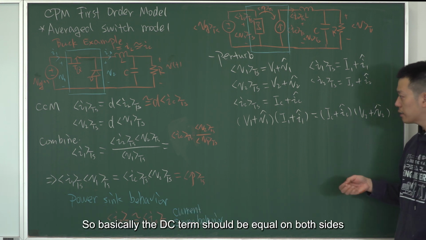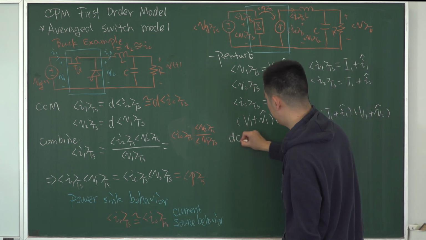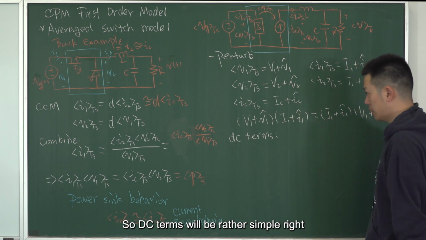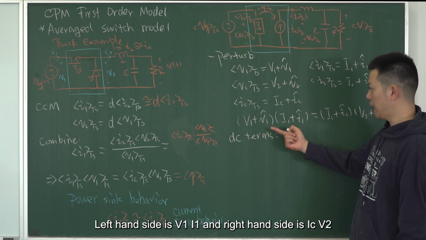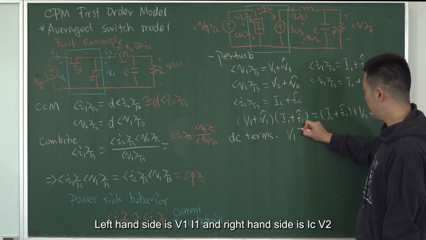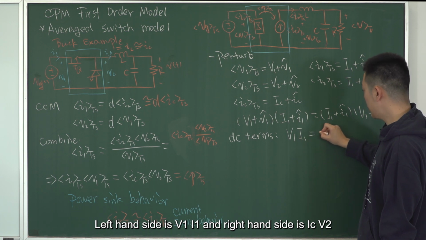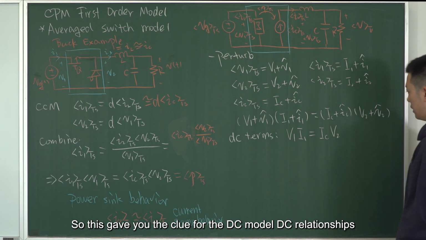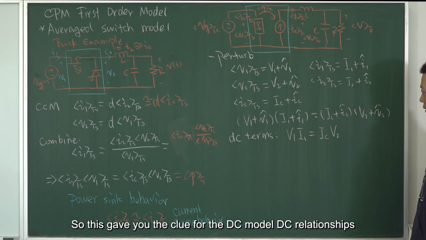Basically, the DC terms should be equal on both sides. The DC terms are rather simple: the left-hand side is V1, I1, and the right-hand side is IC, V2. So this gives you the DC relationships.